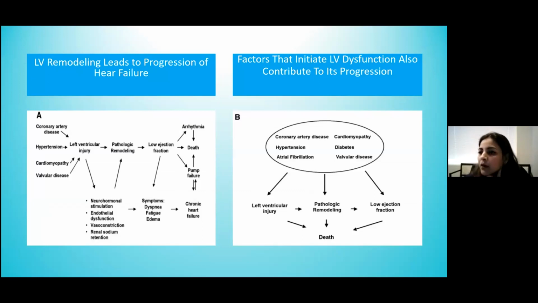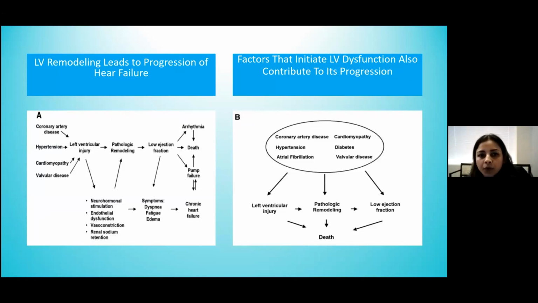So when we talk about the pathophysiology of LV remodeling, we tend to think that the progression of heart failure is because the LV is remodeling. All the therapies that we have developed so far target the neurohormonal conditions to modulate the loading conditions and remodeling, to prevent that and try to restore the geometry of the heart to improve the function.